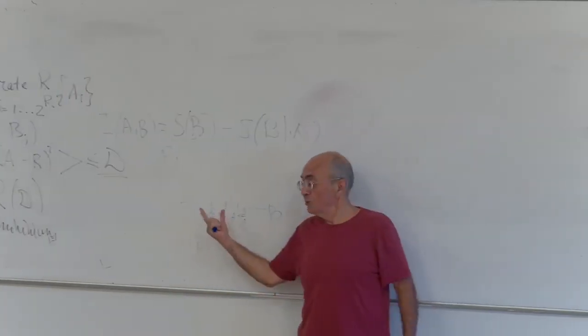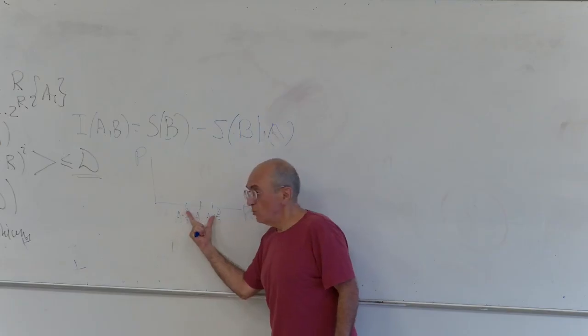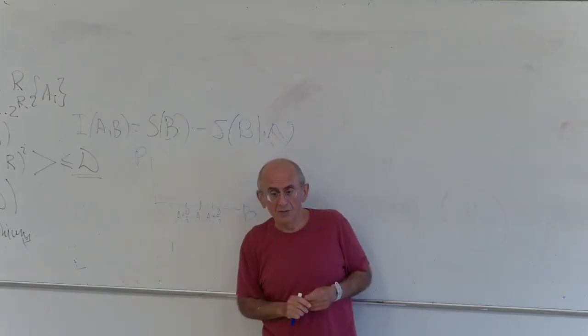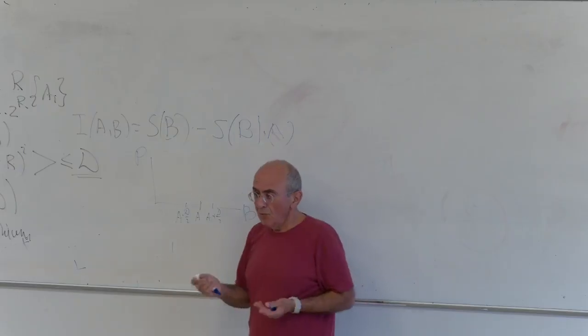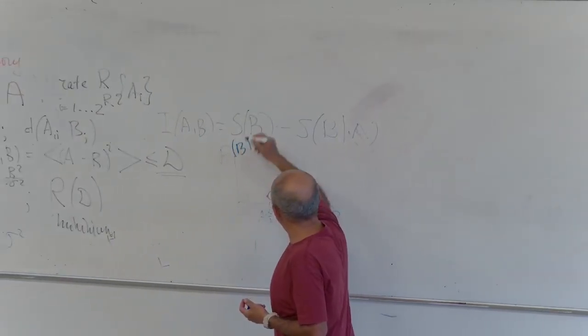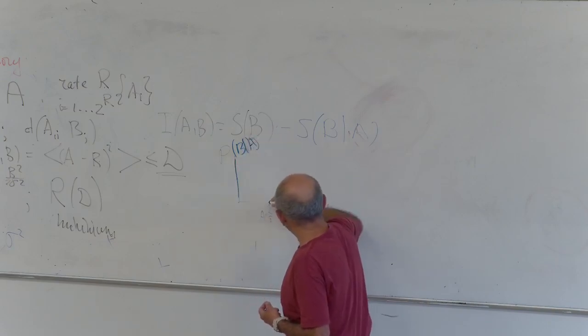So we now allow distortion around any value of A. We allow distortion variance, right? In this D interval. So now, as one option, we can choose the probability of B under a given A to be, for example, like this.